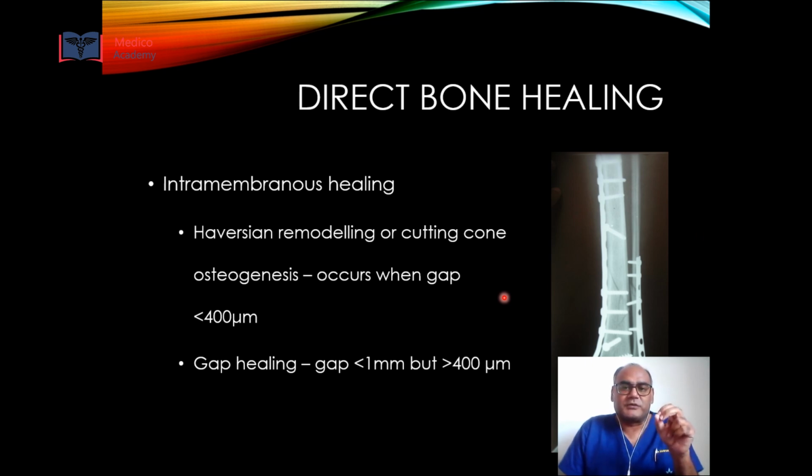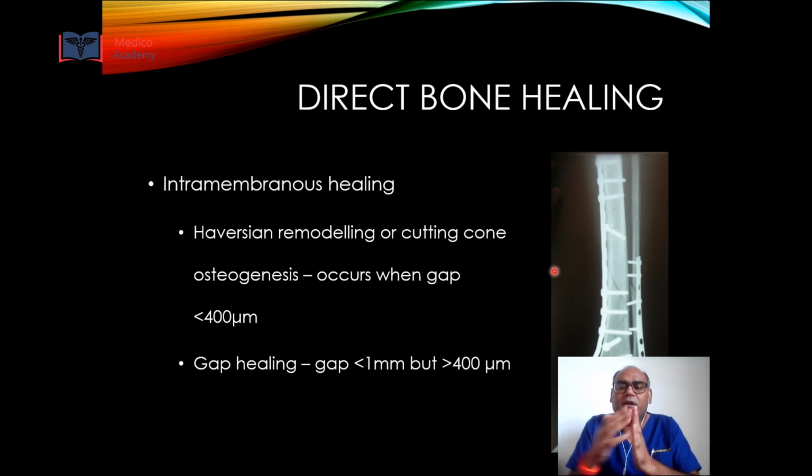I call them cutting bullets because they look more like bullets rather than cones, but they will occur if there is a gap less than 400 micrometer. As you can see in this radiograph here, the fracture line is also not visible because of this interfragmentary screw. That means the bone ends have so well coapted together that there is literally no space that can be seen.